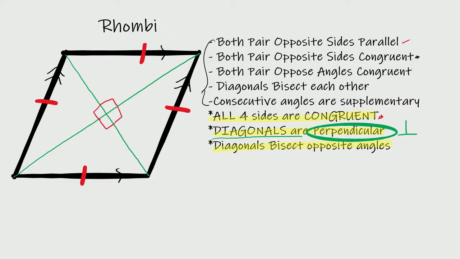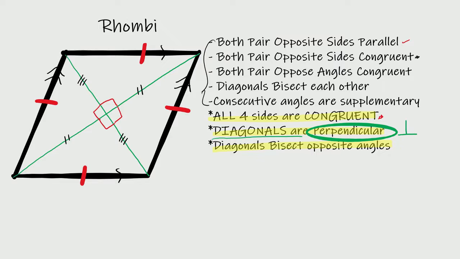And so yes, the diagonals are still bisecting each other, but compared to the rectangle, they're not congruent to each other. So if this has, let's go with 2 markings, this one's going to have 3 because they're not equal to each other. They're still bisecting each other, but they're not equal to each other.